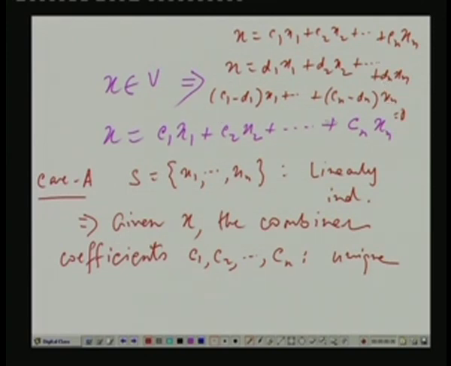But if the set x1 to xn is linearly independent, then the only way such equality will be satisfied is by making C1 minus D1 equal to 0, which is C1 equal to D1, C2 minus D2 equal to 0, which means C2 equal to D2, Cn minus Dn equal to 0, which means Cn equal to Dn. This is because the set is given to be linearly independent. So we get C1 equal to D1 up to Cn equal to Dn.